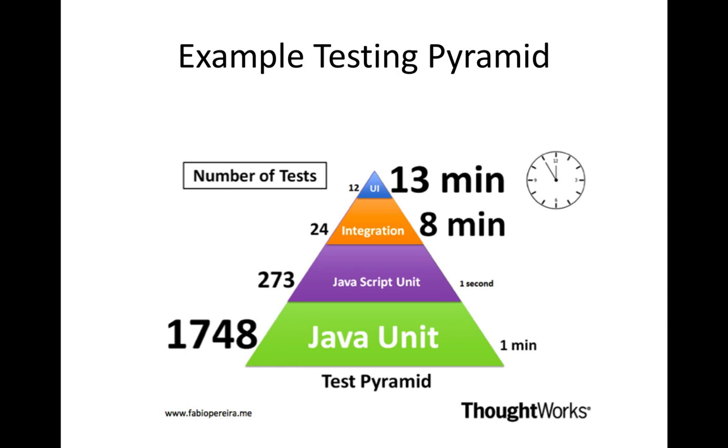And because they were able to shift left, they were able to build a testing suite that is able to run in this case, it looks like less than 25 minutes, which means that as they push code changes out, they're able to push these changes out probably at least maybe once every 30 minutes.